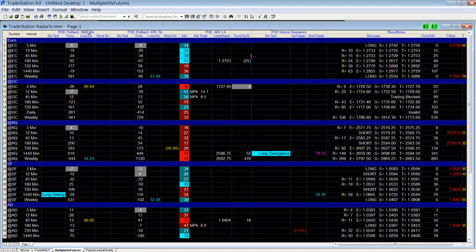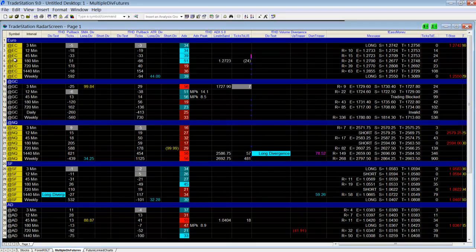On the 12-minute, you have a bright blue, which means that the ADX is increasing. Again, on the 45-minute, you also have a bright blue saying that it is increasing. When you get down to the 180, this is where you have a problem.